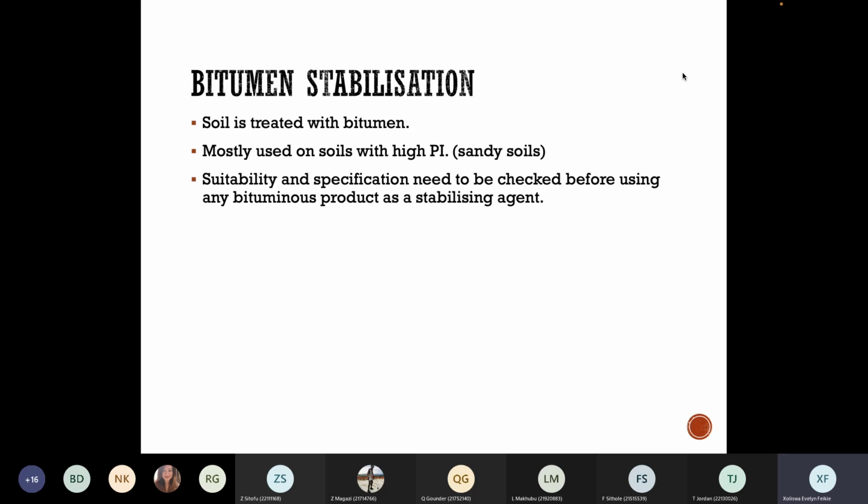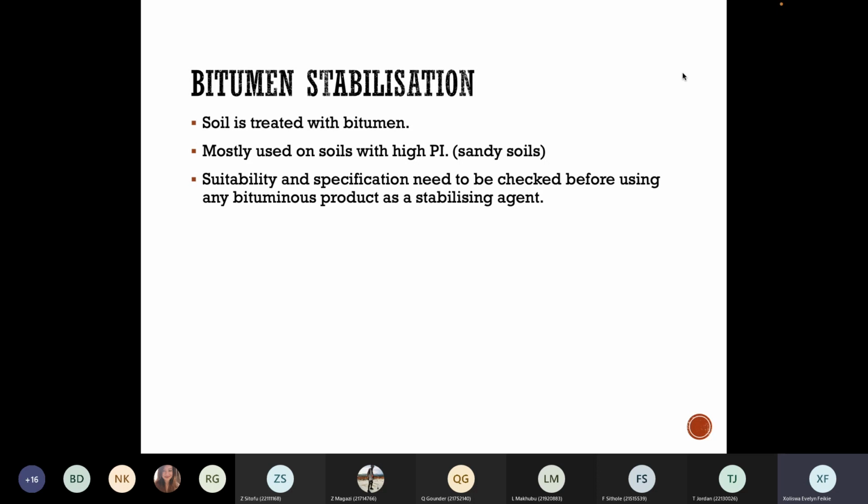Suitability and specification need to be checked before using any bituminous product as a stabilizing agent. So here they will use bitumen emulsions, whereby they will blow bitumen in water, and then they will change it into a product, and then they stabilize with that product.